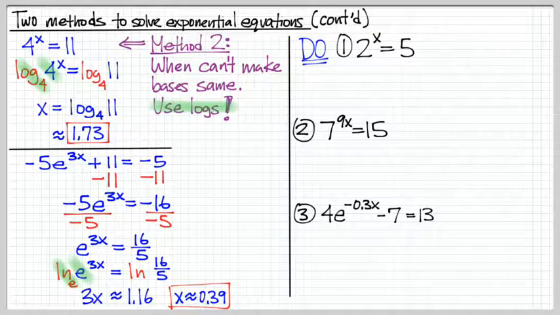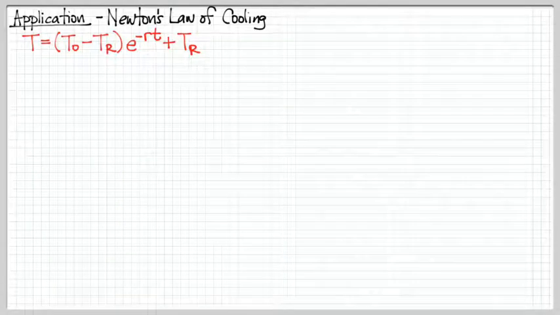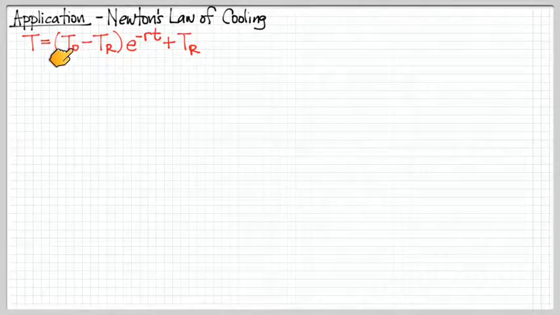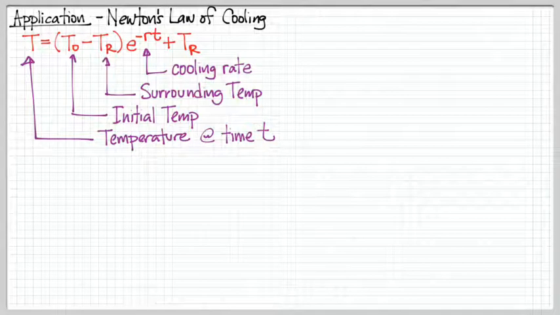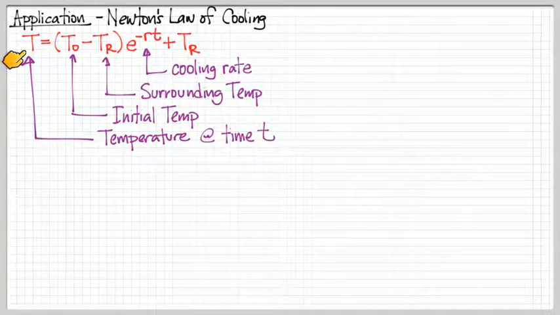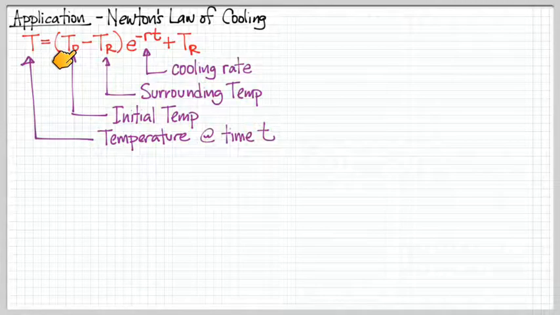Okay, let's move on to the final applications here. We have this Newton's law of cooling. This equation is used if we want to see how the temperature of an object changes over time. So we could have the initial temperature, T0, which stands for the initial temperature of some object.